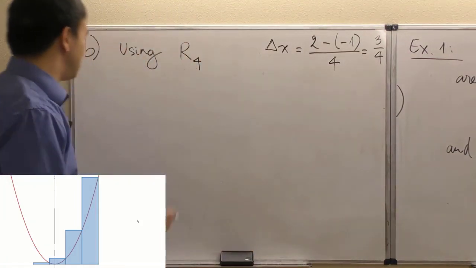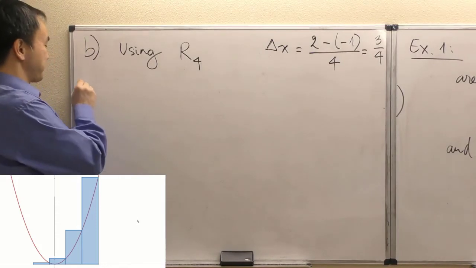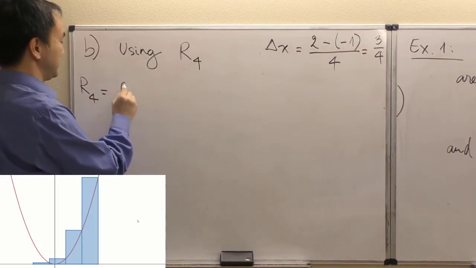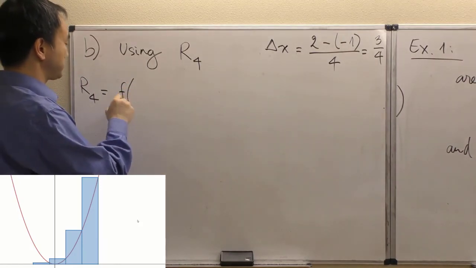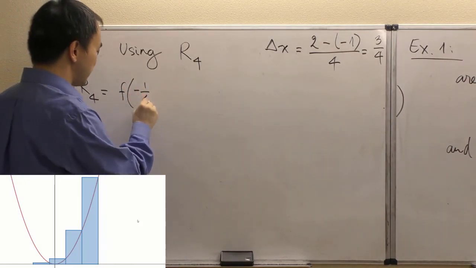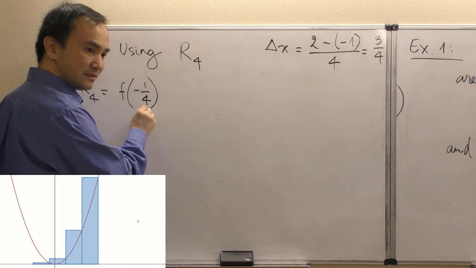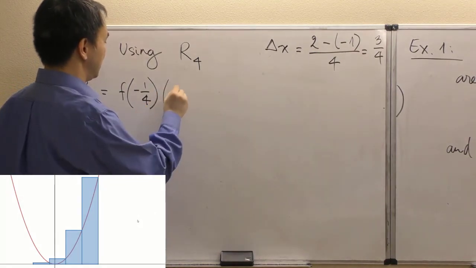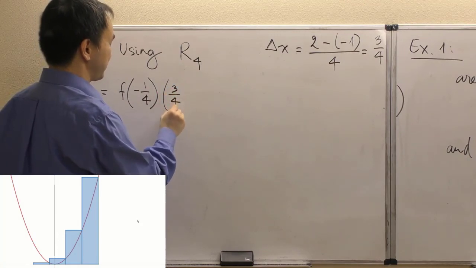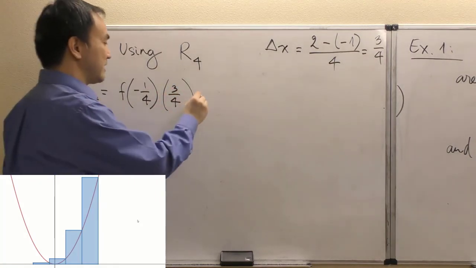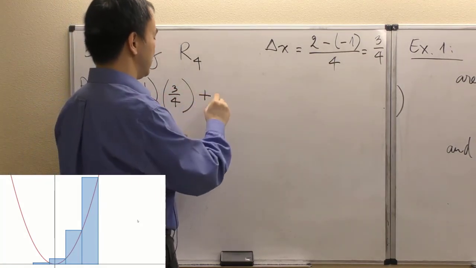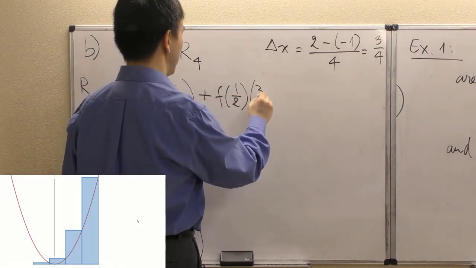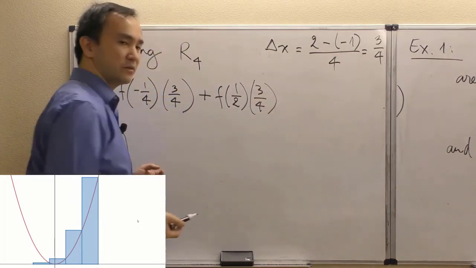All right, so now, using R4 over here. Okay, first rectangle. Then I'm looking at f of -1/4 and multiplying that with 3/4. Second interval or second rectangle, f at 1/2. I'm multiplying that with 3/4, the width of the rectangle.